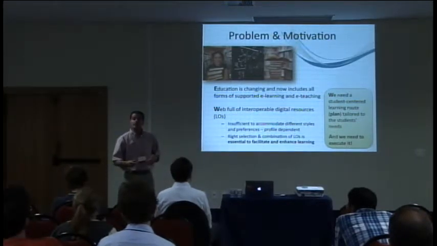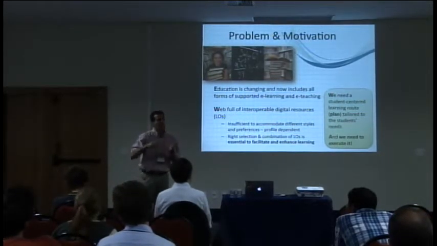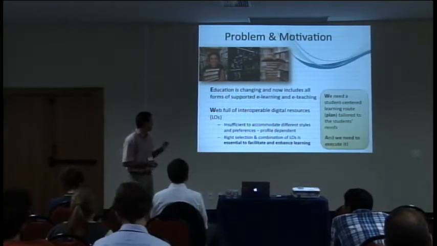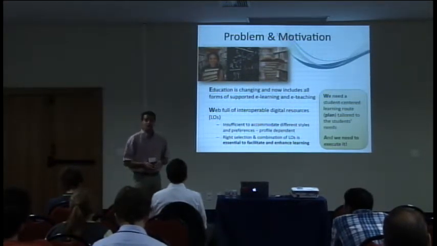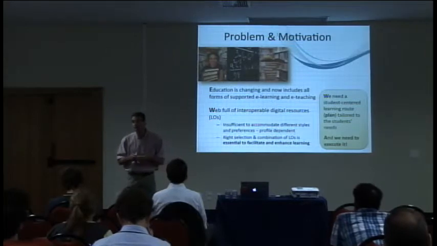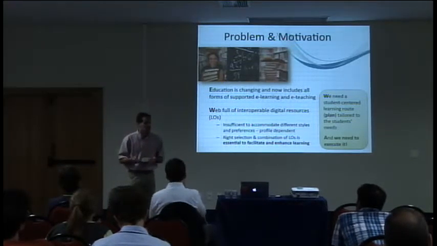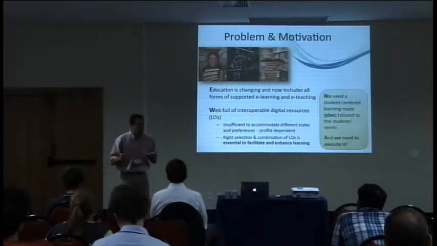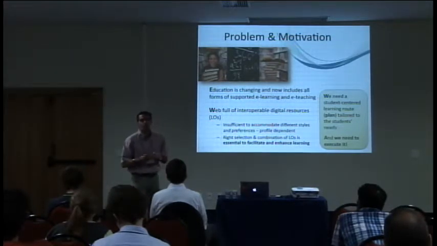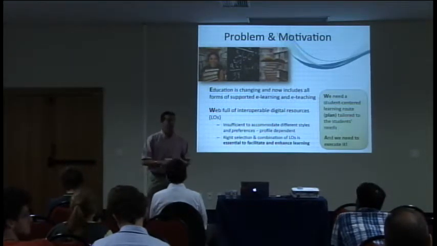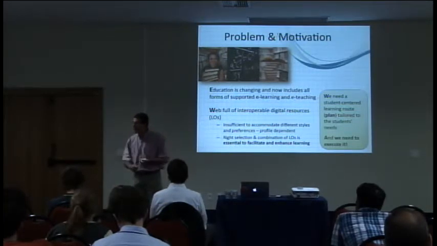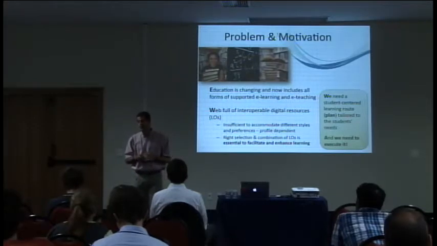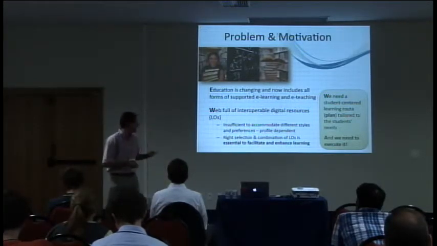So e-learning and e-teaching, everything related to electronic, is getting more and more important. Also, the web is full of learning resources. What is a learning resource or a learning object? Everything. A learning object can be attending a seminar, reading a book, watching a video, anything that we can think of.